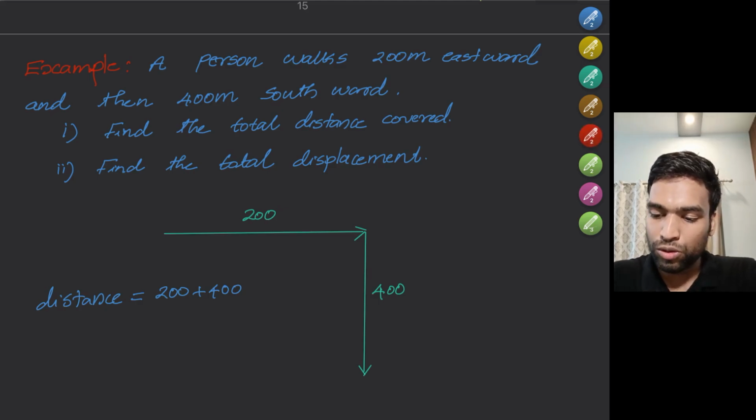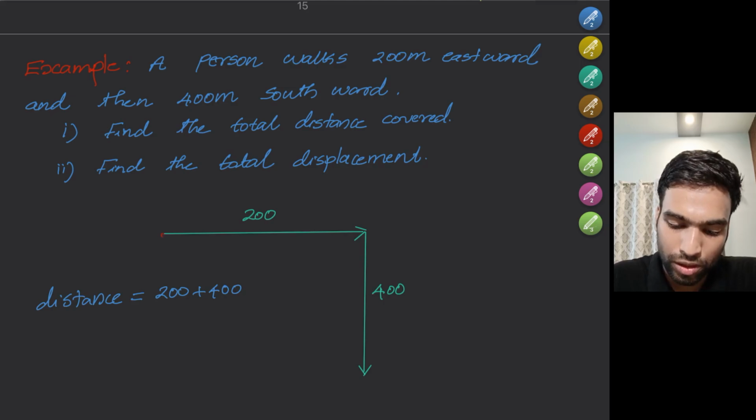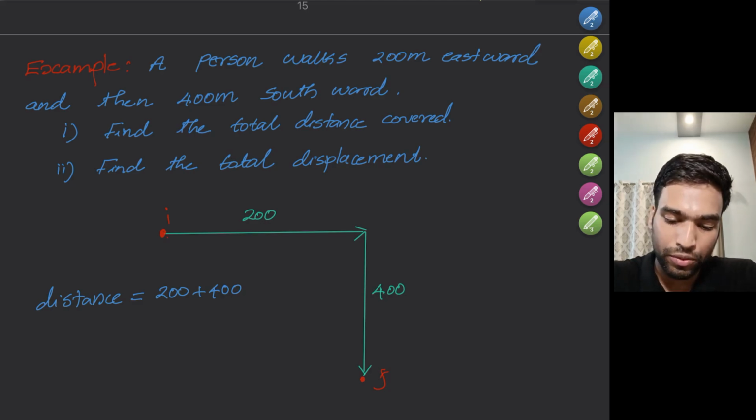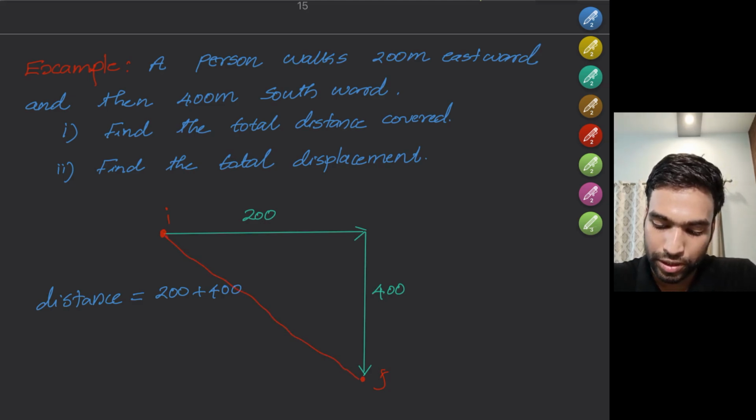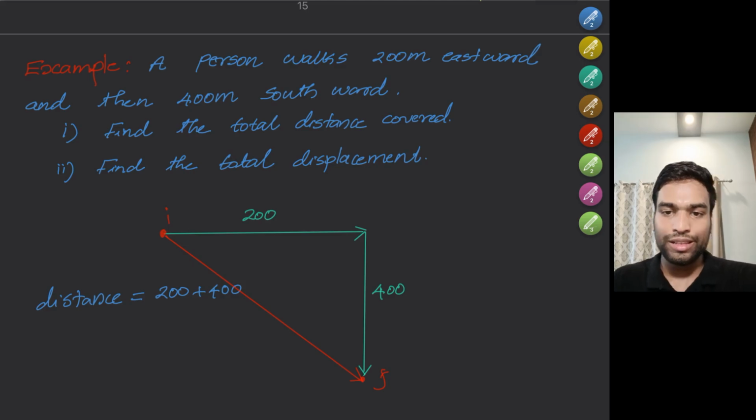Now, what about the displacement? Displacement is a vector from the initial point I to the final point F. So we can draw a direct vector from point I to point F. The length of this vector gives you the displacement.